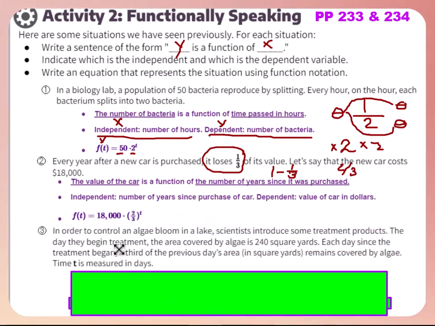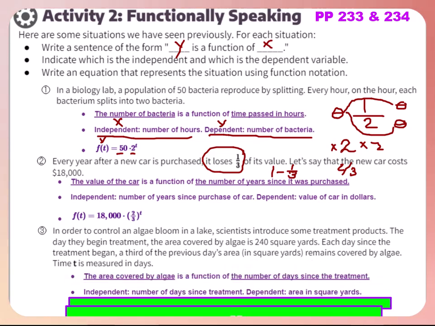In order to control an algae bloom in a lake, scientists introduced some treatment products. The day they began treatment, the area covered by the algae is 240 square yards. Each day since the treatment began, 1/3 of the previous day's area remains covered by the algae. Time is measured in days.